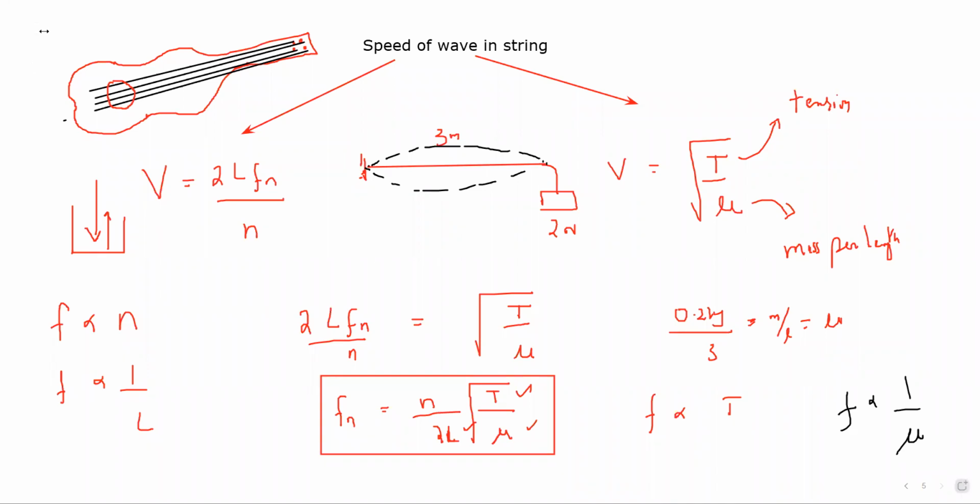Then another topic which is about the Doppler effect. What is the Doppler effect? The term Doppler effect means a relative change in frequency due to motion of source or observer.